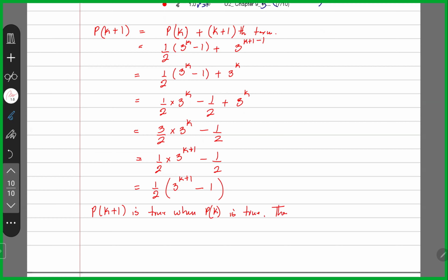Therefore, Pn, which is the statement, the sum from 1 to n of 3 to the r minus 1 is equal to 1/2 times 3 to the n minus 1. Therefore, this statement is true for all n, which is an element of the set of natural numbers.